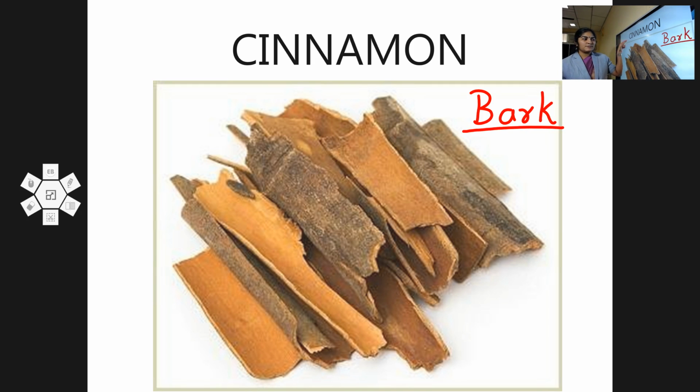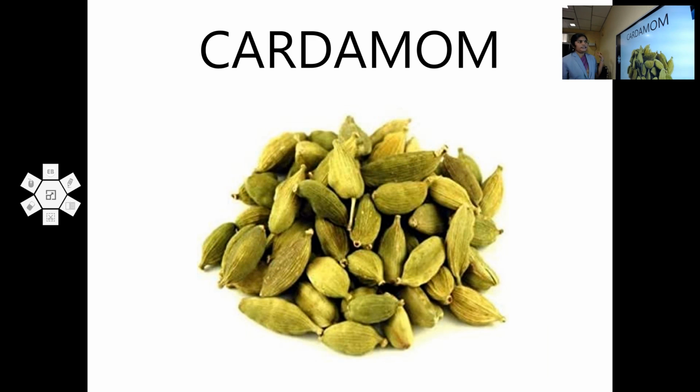So in cinnamon, which part is used as a spice? The inner bark of that plant is used as a spice. Okay, clear? Next spice we are going to learn is cardamom.